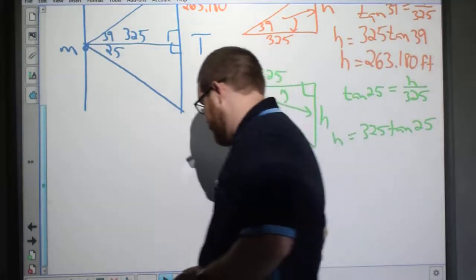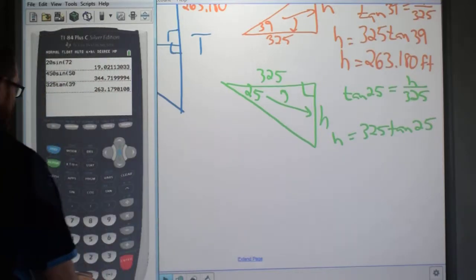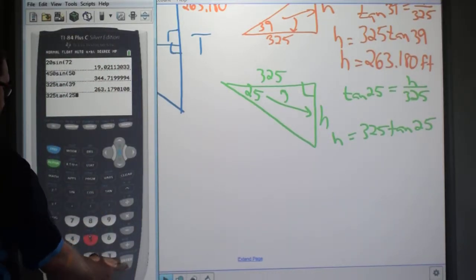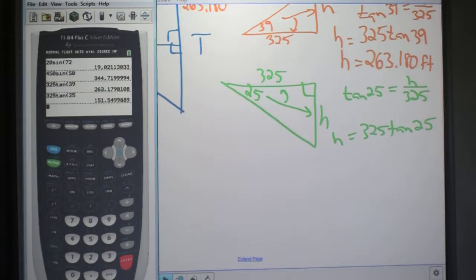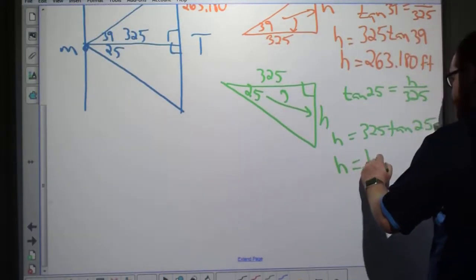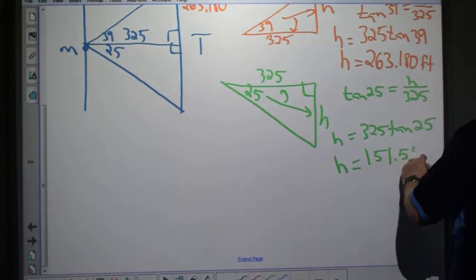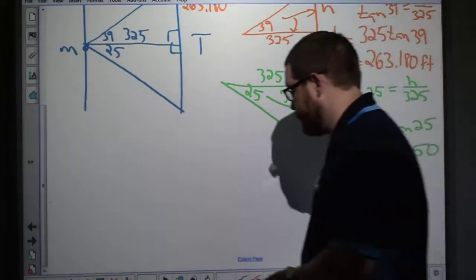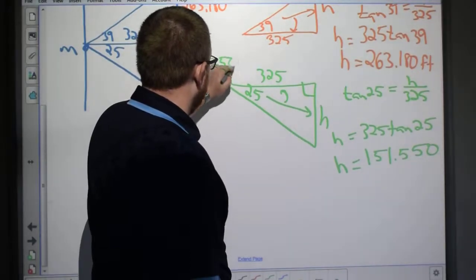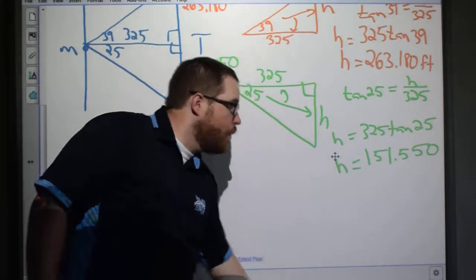Let's use a calculator and solve for that. 325 tangent 25 is 151.550. So h equals 151.550. Now make sure you answer the question as it was asked.